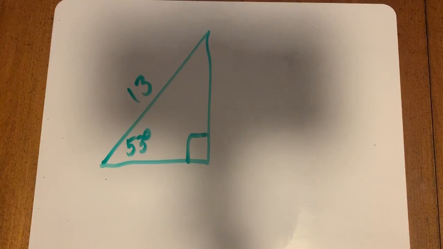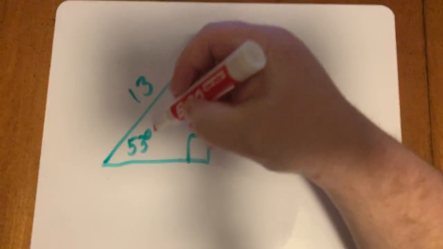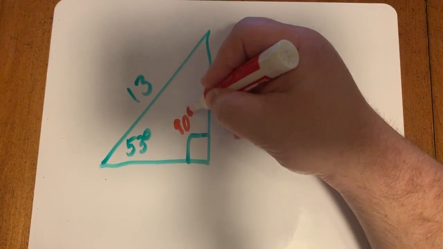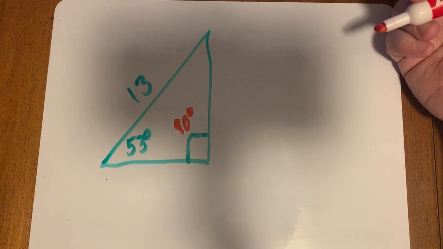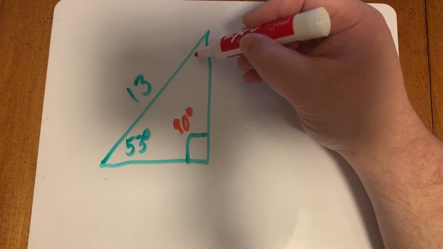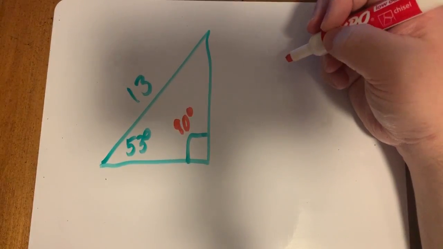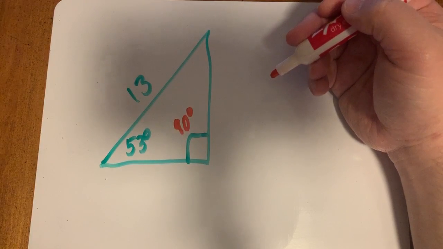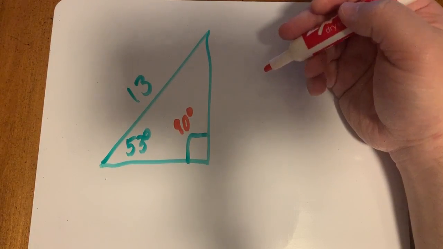So we want to solve this triangle. We know two measures, and a third measure is very easy to find. That right angle is going to be 90 degrees. So what we're missing is one angle and two sides. Well, if you know two angles in a triangle, we know what all three angles add up to.